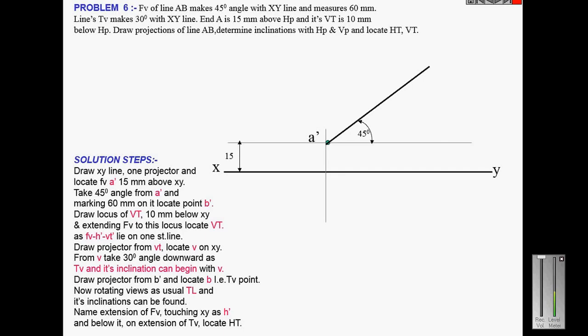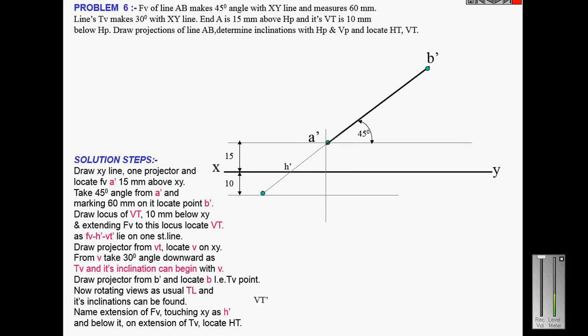The length of the front view is 60 millimeter, so this point is B dash. The vertical trace is 10 millimeter below HP, so I draw the locus line of the vertical trace. And we know that when we extend the front view to the reference line, that point is called H dash.